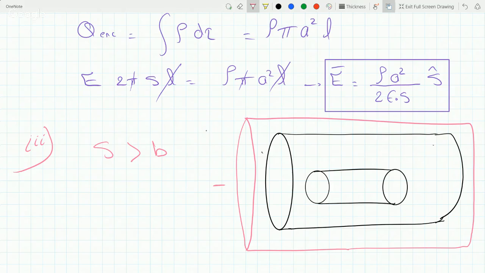So my S now goes from here to here. This is my S. Of course, this is my A. And this is my B.